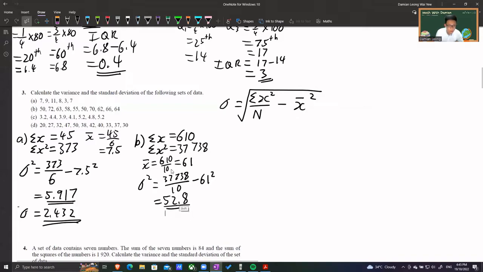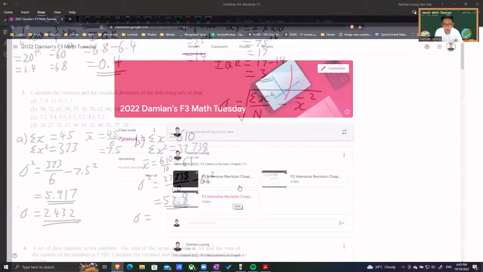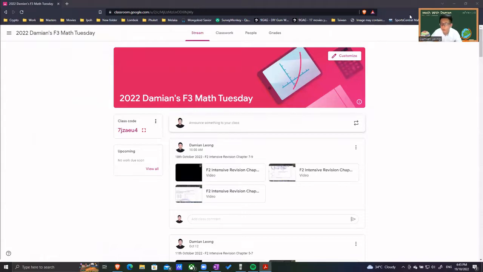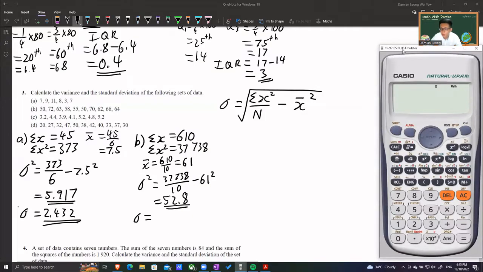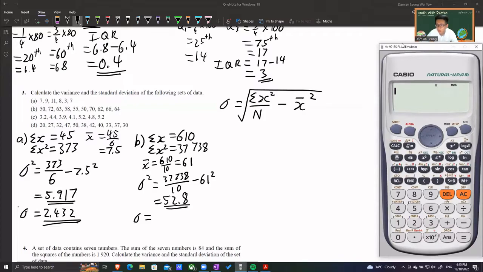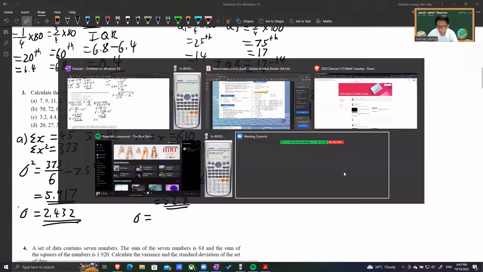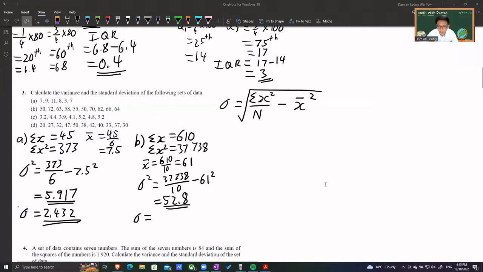Yeah, that's the variance, and for standard deviation, basically we just square root. The calculator kind of hangs a bit.